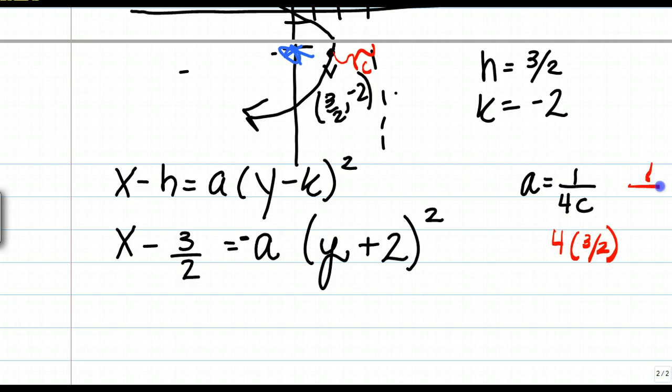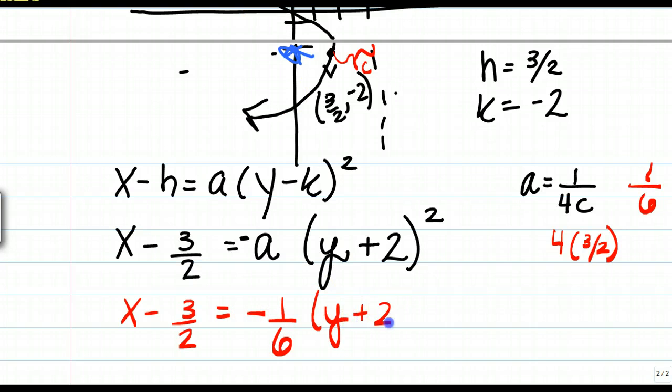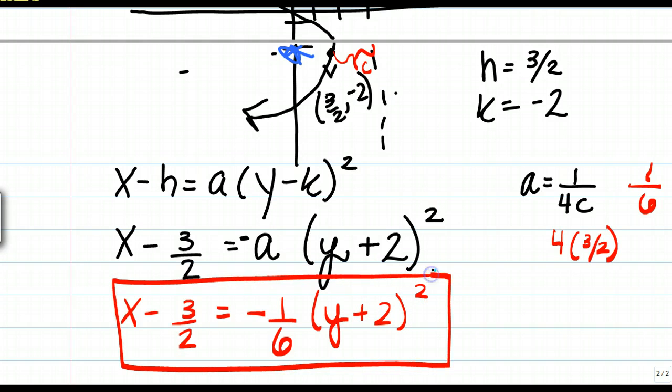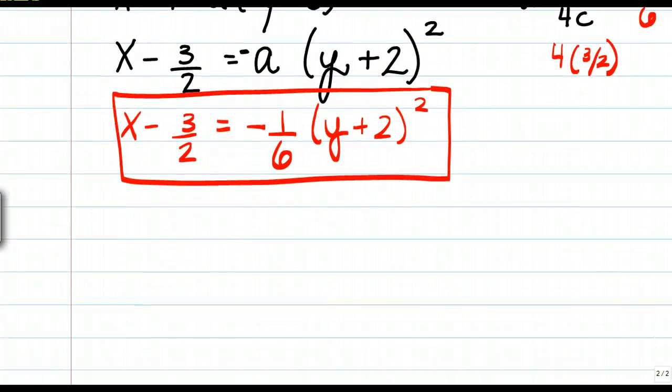So you have 1 over 4 times 3 halves, which is 1 over 6. So we have a is 1/6, so x minus 3 over 2 equals negative 1/6, because we know it's negative because it's facing this way, times y plus 2 squared. And that is the answer to our equation of a parabola.